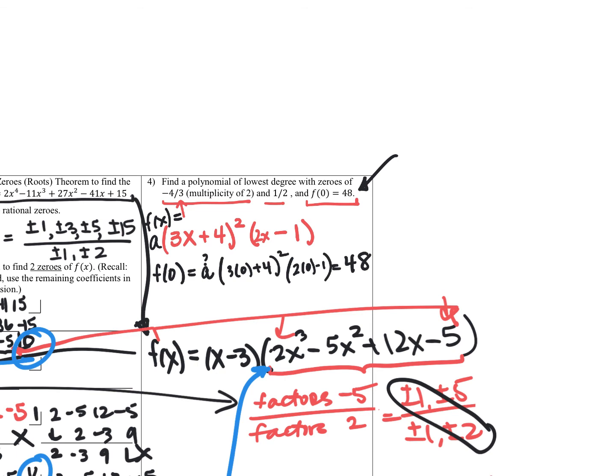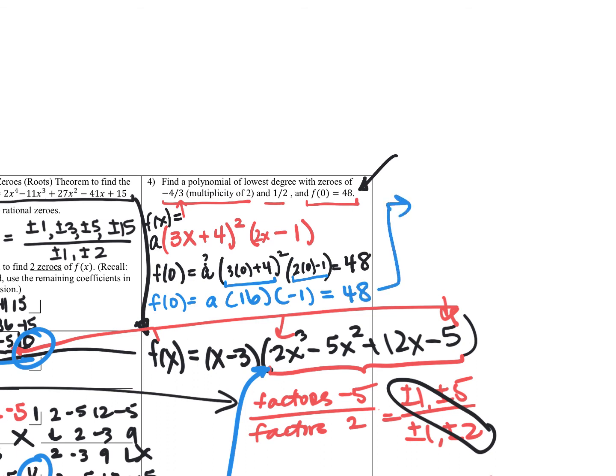So our first parenthesis here, that would become a 4. 4 squared is 16. So we're going to have f of 0 equals a times 16 times, in our second parenthesis, 2 times 0 goes away, so we just have a negative 1. And again, our goal is to equal 48.